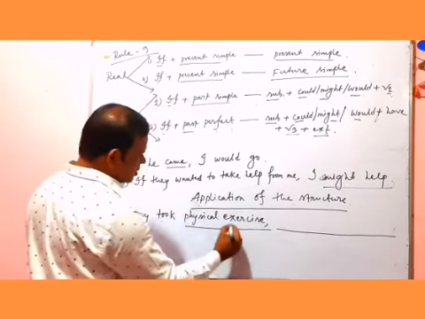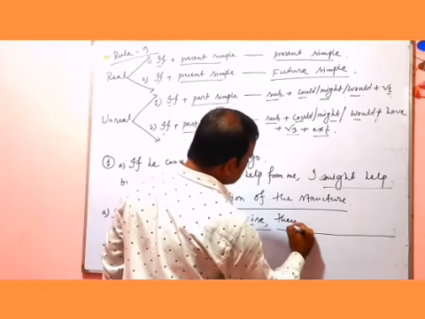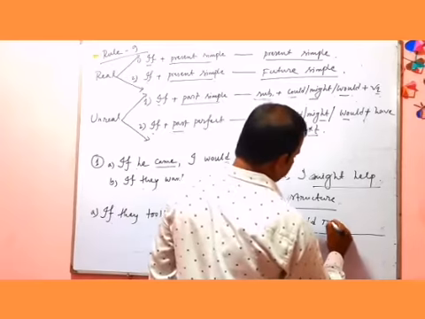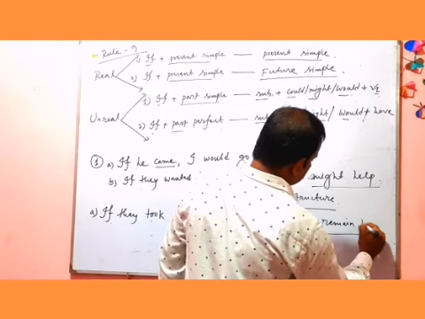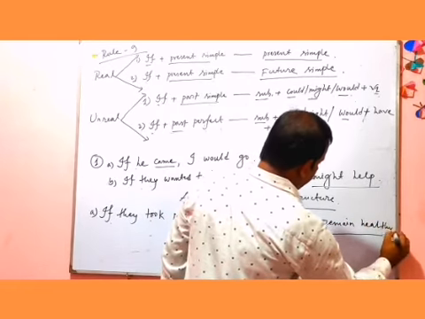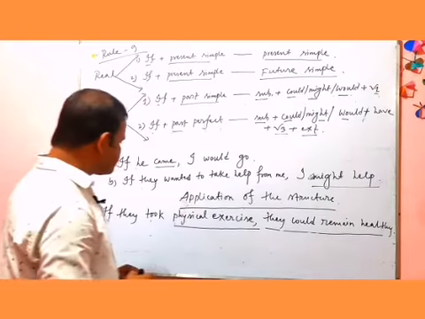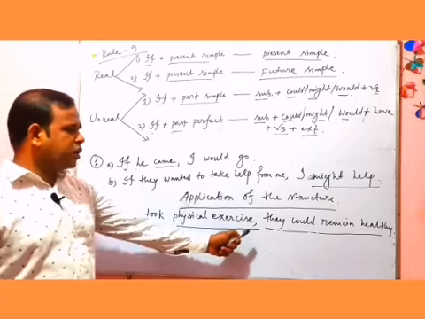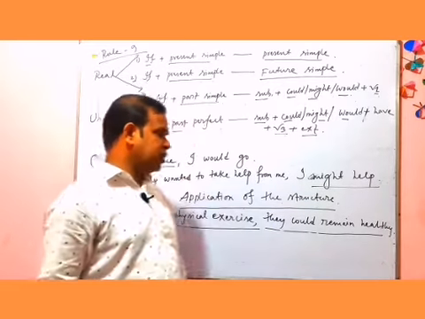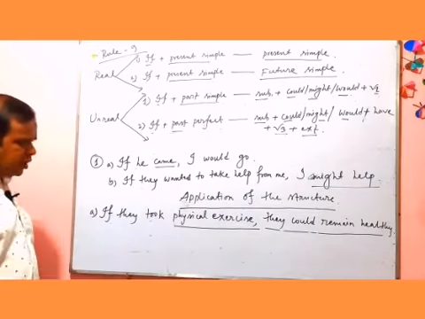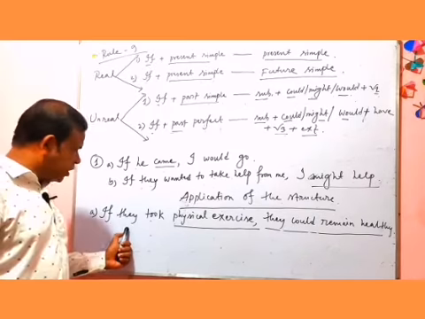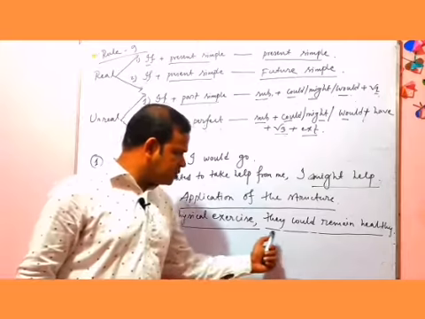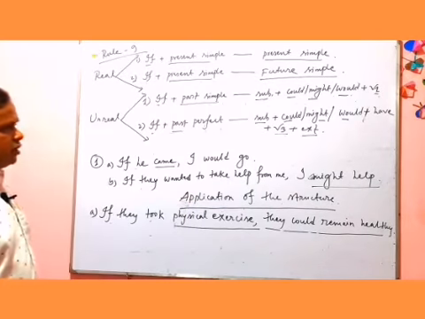If they took physical exercise, they could or might or would remain healthy. That means if they did not take physical exercise, they could not remain healthy. For such kind of meaning, we use if. That means if they do physical exercise, they would remain healthy.